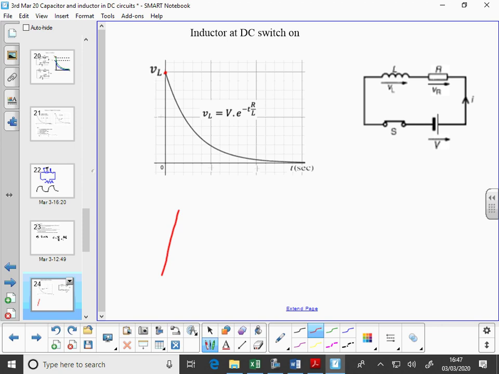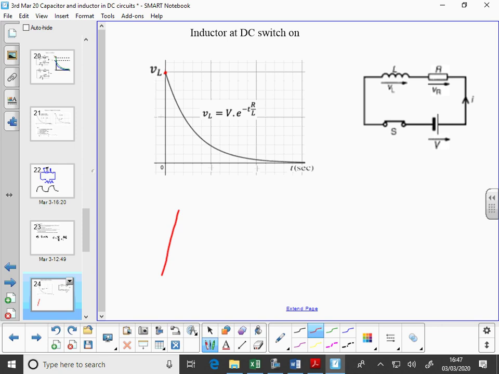So what happens is the induced voltage across the inductor, over time after switch on, tends towards zero in an exponential way. So it starts off at the applied voltage and it decays away according to that formula.